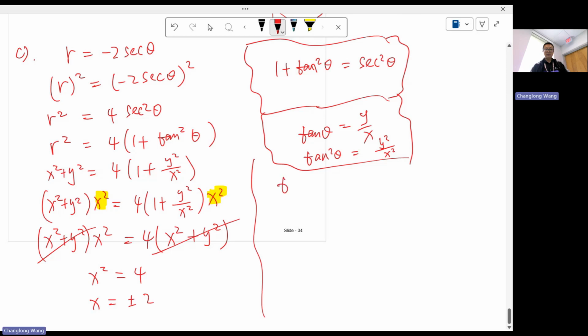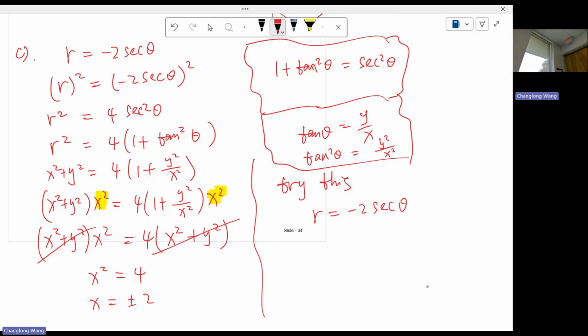Hey, try this. So I'm looking at r equals -2 secant theta. Do you see that? We are looking at either tangent theta or sine and cosine, right?